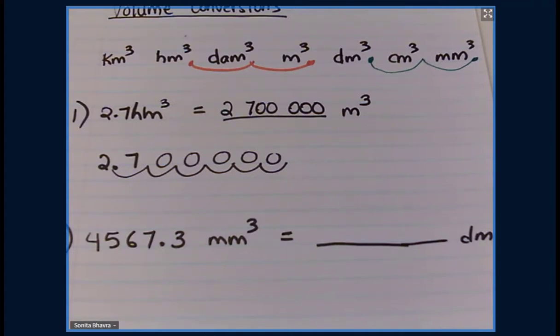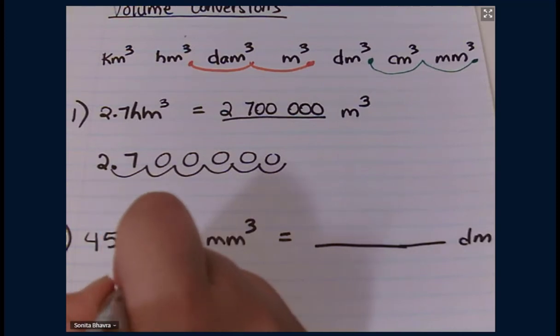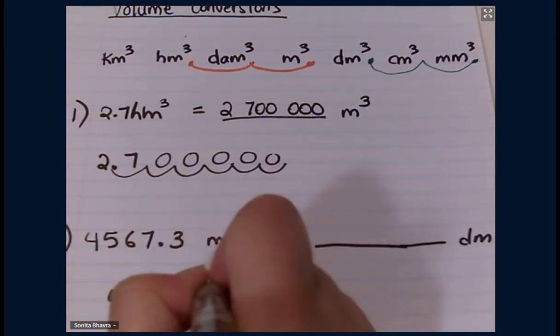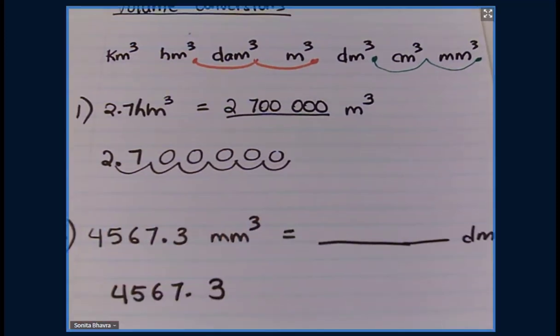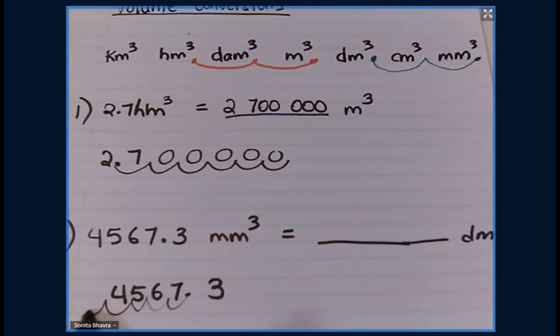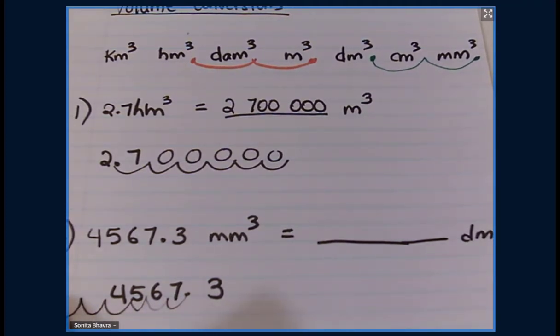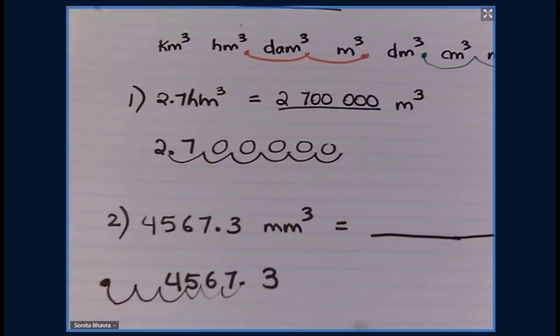So we're actually moving 6 places to the left. I'm just going to show that here. We're moving 6 decimal places to the left. So 1, 2, 3, 4, 5, 6, and the decimal place goes there.